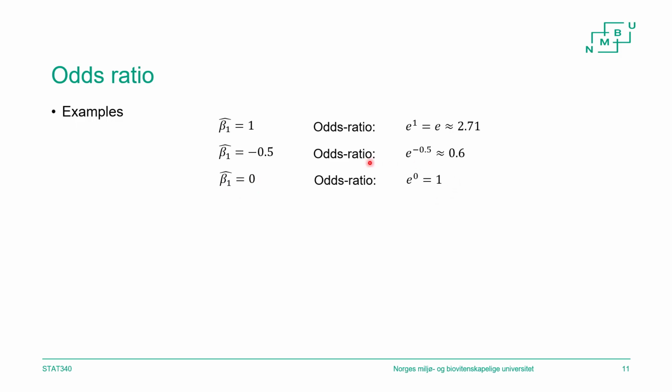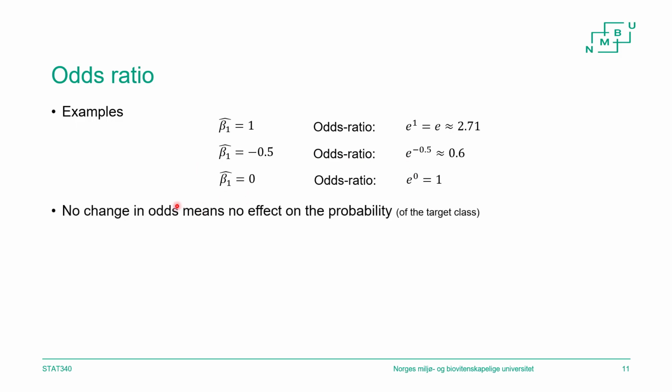And notice that this is exactly the situation that says there is no effect of the x variable on the response. No change in odds means no effect on the probability of the target class.